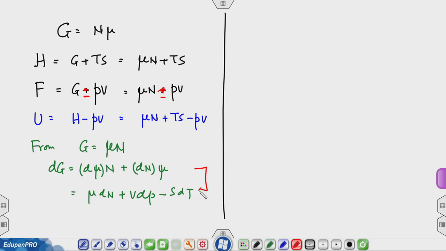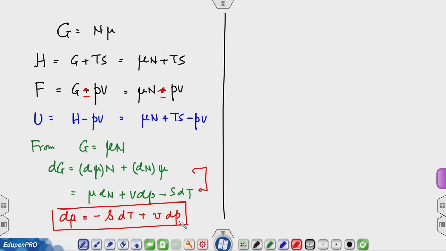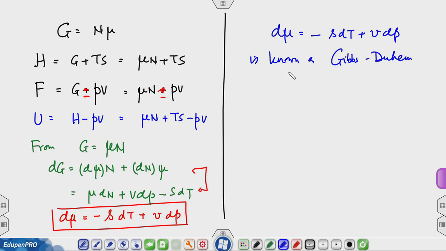Equating the two right-hand sides gives you d mu equals minus s, that is entropy per particle, dT plus v, that is the volume per particle, dP. This equation, d mu equals minus s dT plus v dP, is known as the Gibbs-Duhem equation.